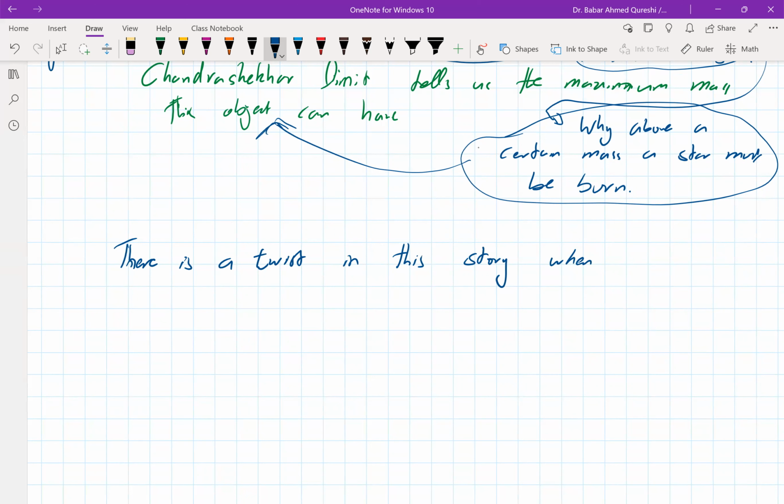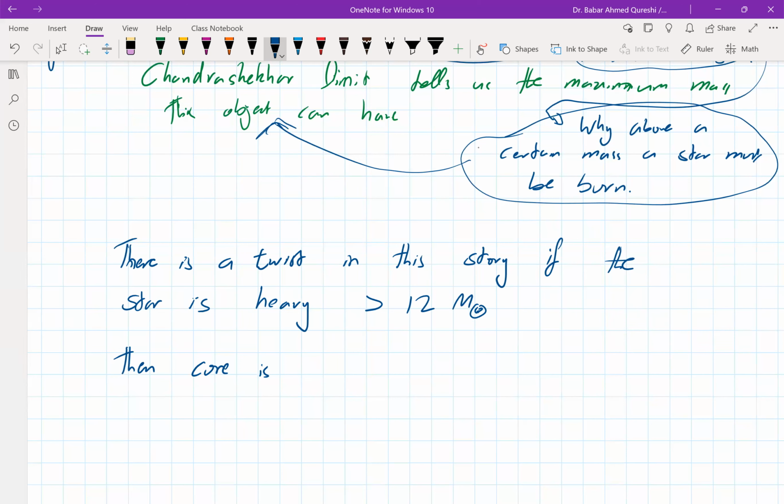If the star is very heavy. How heavy? If it's greater than 12 solar masses. Then what happens?